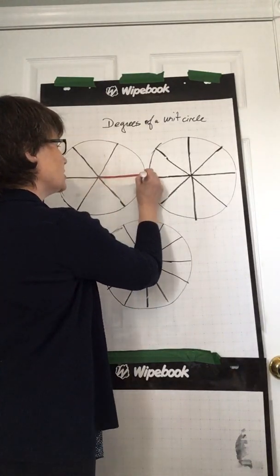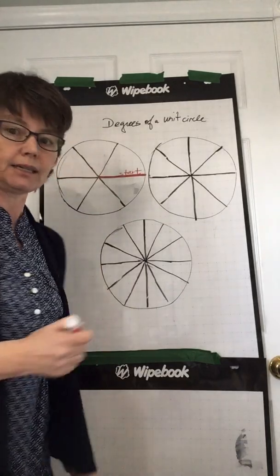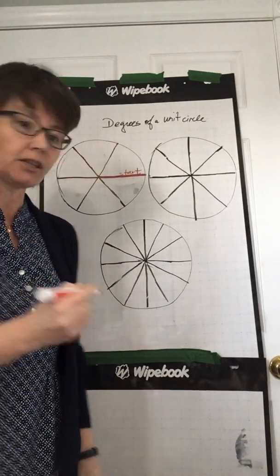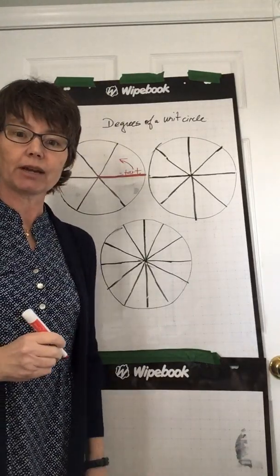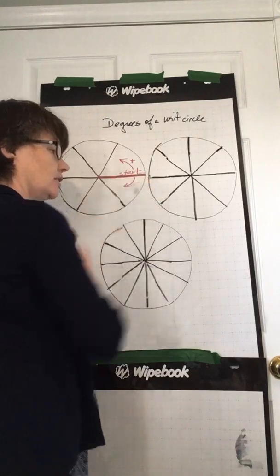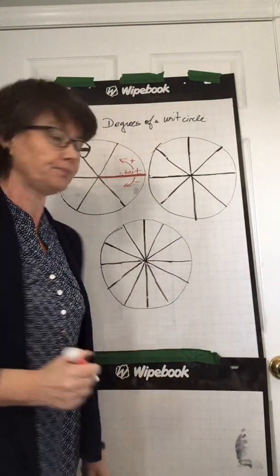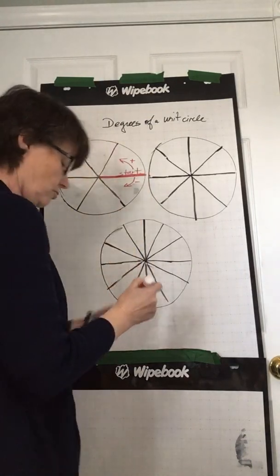So this is our starting point every single time we are representing an angle. Positive angles go in the counterclockwise direction, and negative angles go in the clockwise direction. So always starting here, and for positive angles going in this direction.